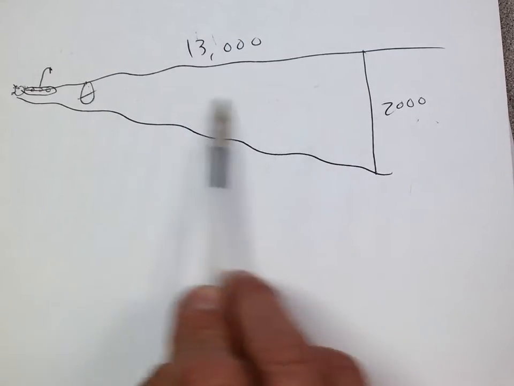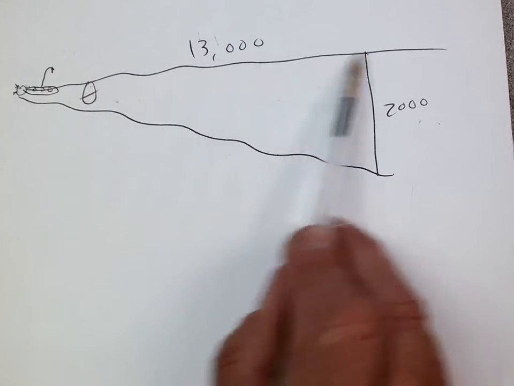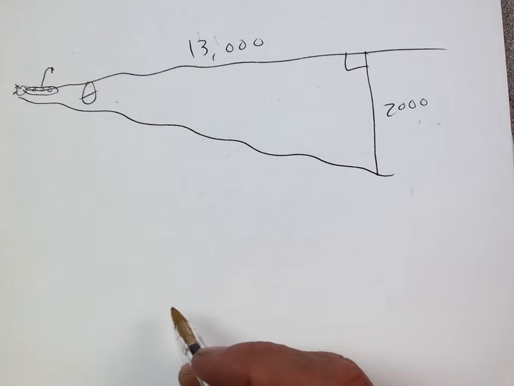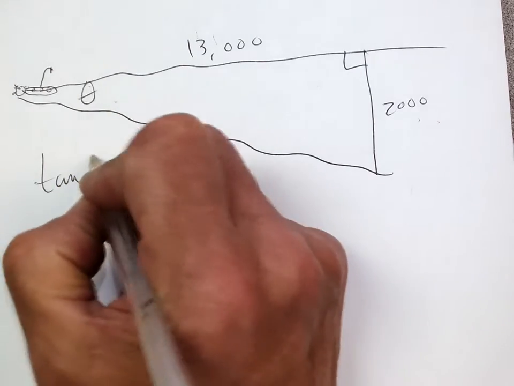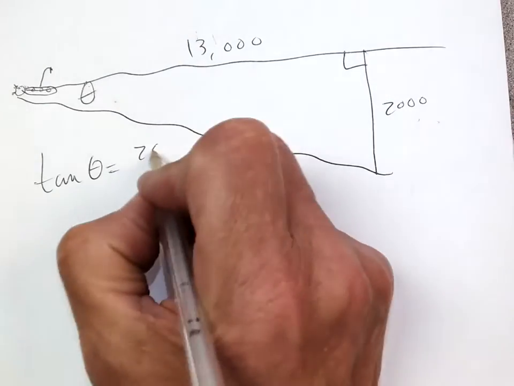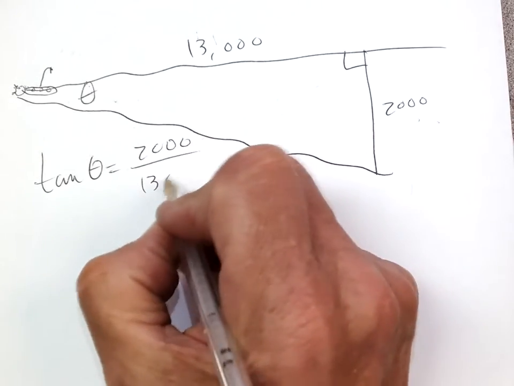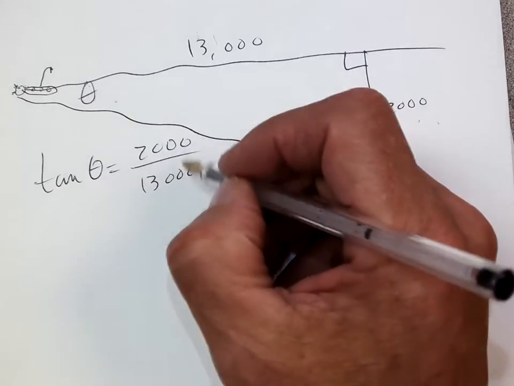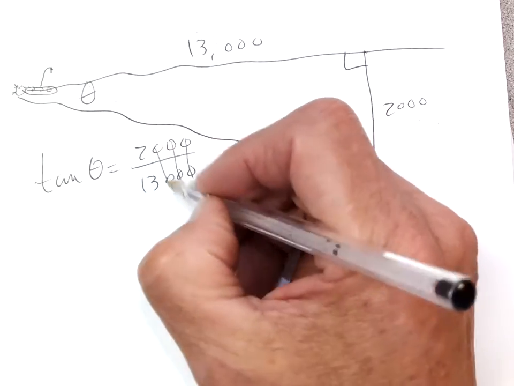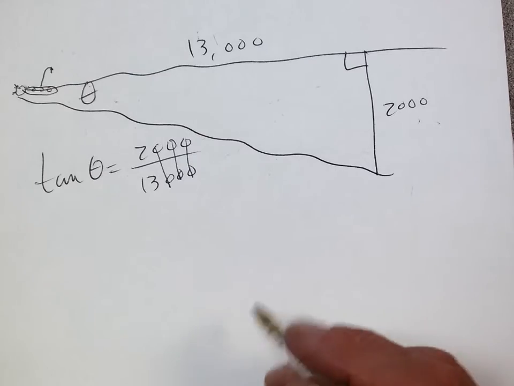That would be the opposite. That's the adjacent. Opposite, adjacent. Tangent. Tangent theta is opposite over adjacent. I'm going to make this easy on myself because I can do this. Make it easy.